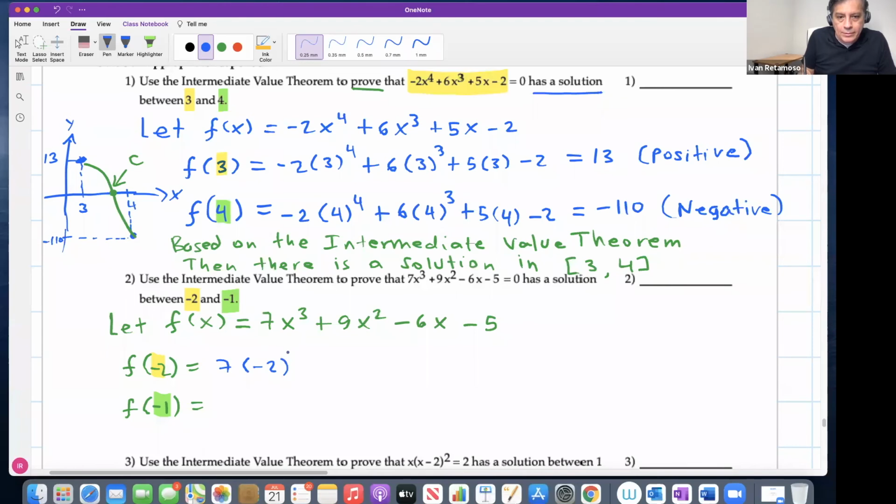And probably this time I will show you how to get it in your calculator. This is going to be the first evaluation, right? And the second evaluation should be this, right? 7 times -1 cubed plus 9 times -1 squared, minus 6 times -1, minus 5.